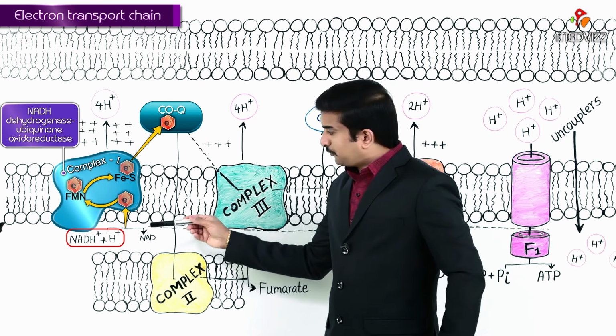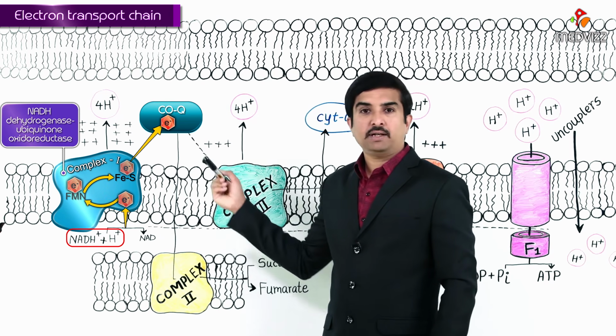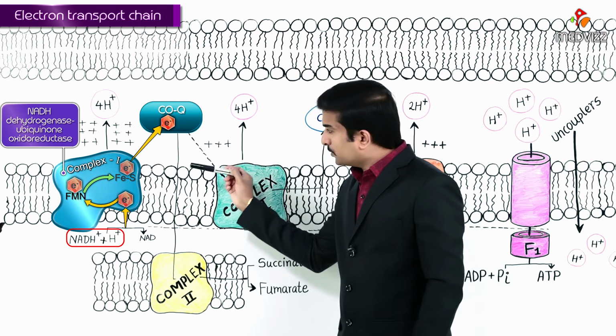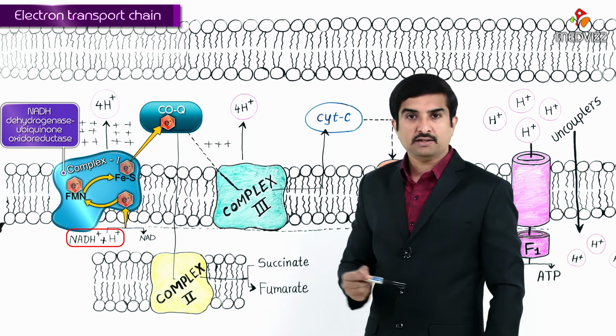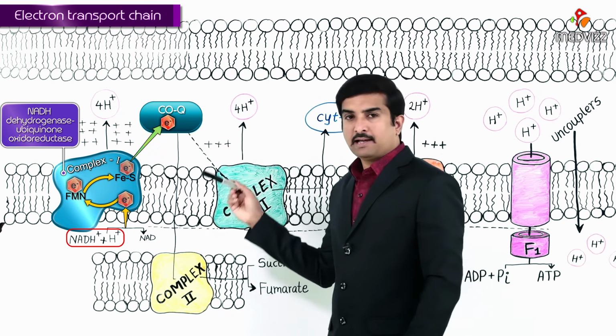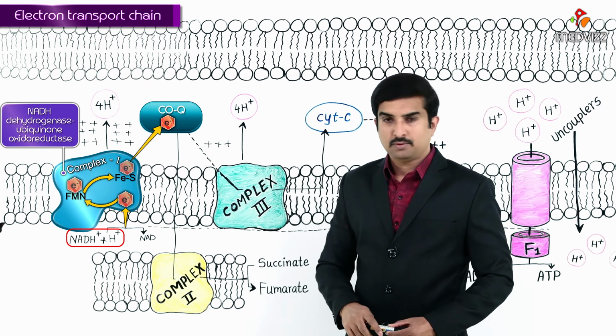So the electrons are transferred first from NADH to FMN, from FMN to FeS, that is iron sulfur protein, from FeS to coenzyme Q, right?